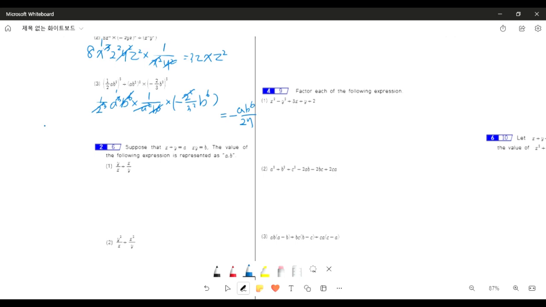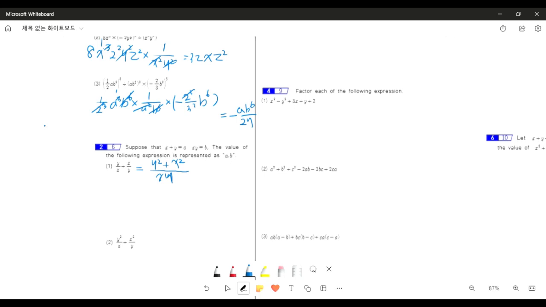Number 2, so make the common denominator. The left side times y on the denominator and numerator also, and vice versa, the right side fraction times x on the denominator and numerator also, so we can make the common denominator xy, and the left term times y, so y squared plus x squared.